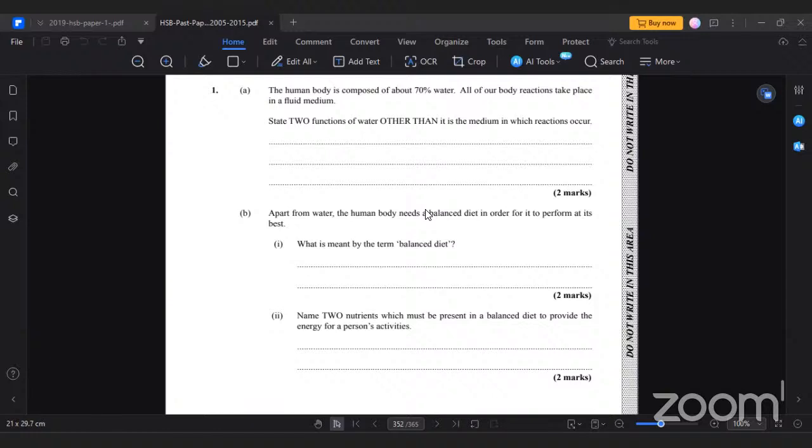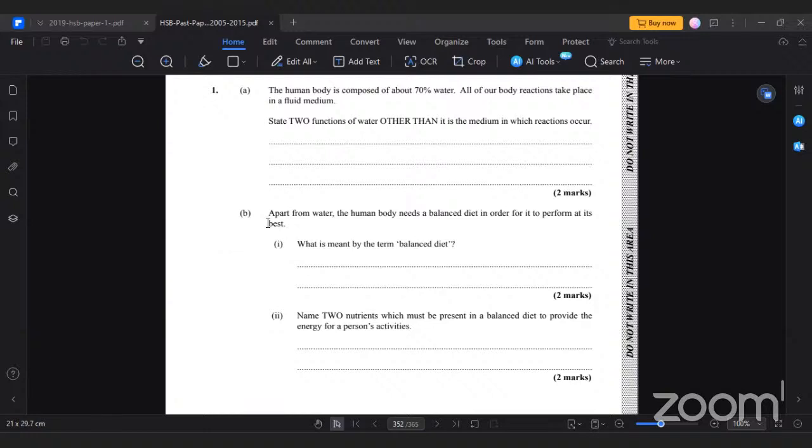Anybody can send in the chat a response to A, and label it, while somebody else sends in a response to B.